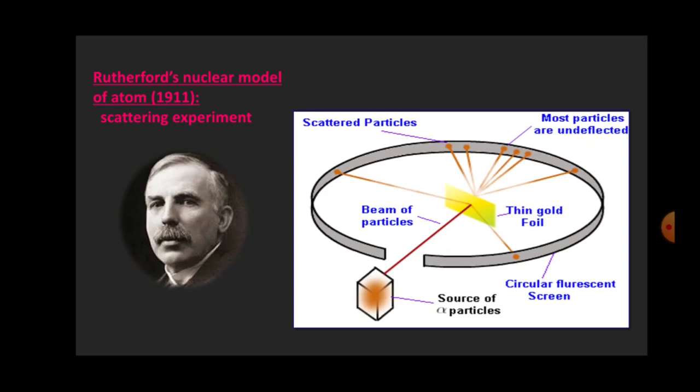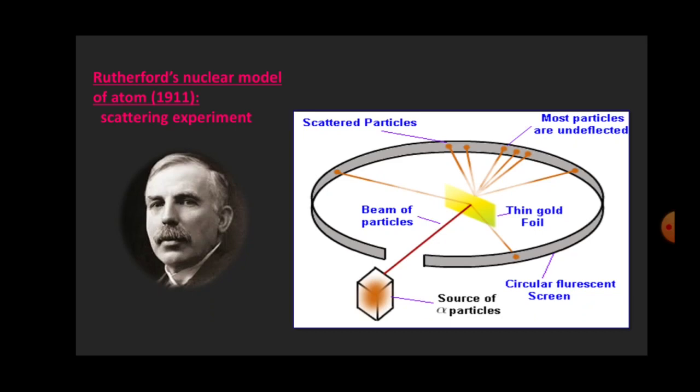Now as you can see, when the beam of particles is thrown on the gold foil, some have passed through the foil, and some have changed their direction. Most of the alpha particles went straight through the foil.